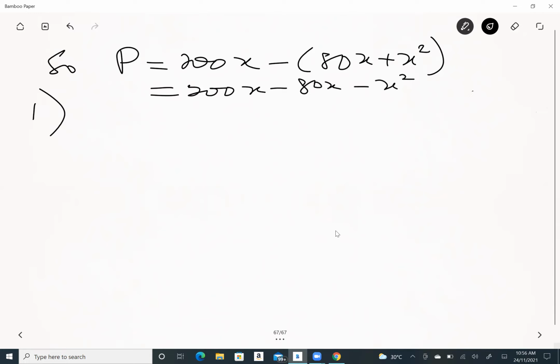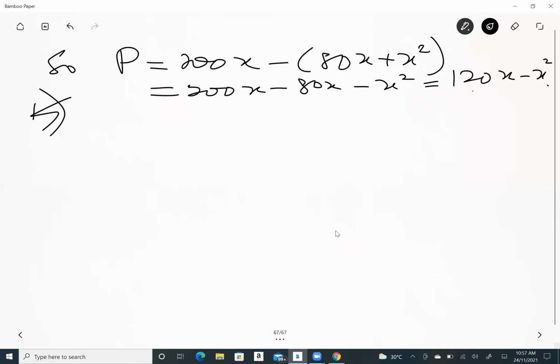So you break out the bracket. Okay, so that you will get 120x minus x squared. So what you do, you got the critical point. That means x equal to 60.